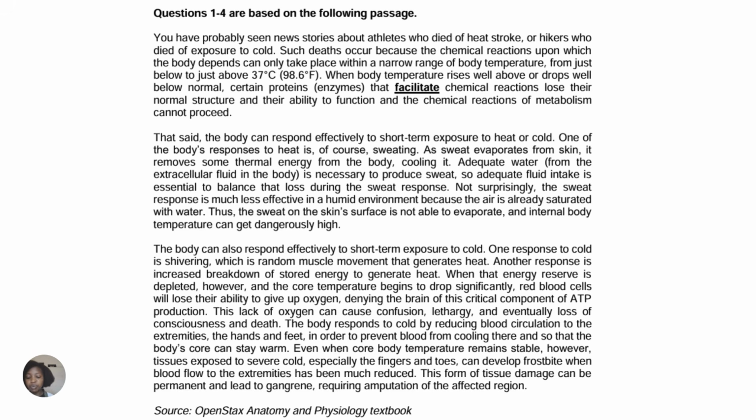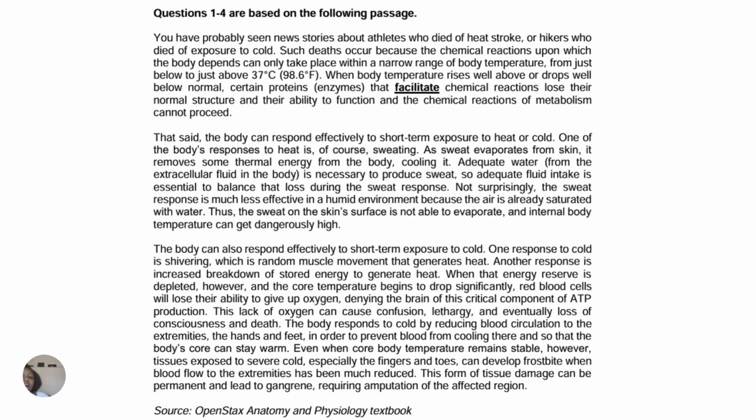Even when core body temperature remains stable, however, tissue exposed to severe cold, especially the fingers and toes, can develop frostbite when blood flow to the extremities has been reduced. This form of tissue damage can be permanent and lead to gangrene, requiring amputation of the affected region. And this is a passage from OpenStax's Anatomy and Physiology textbook.